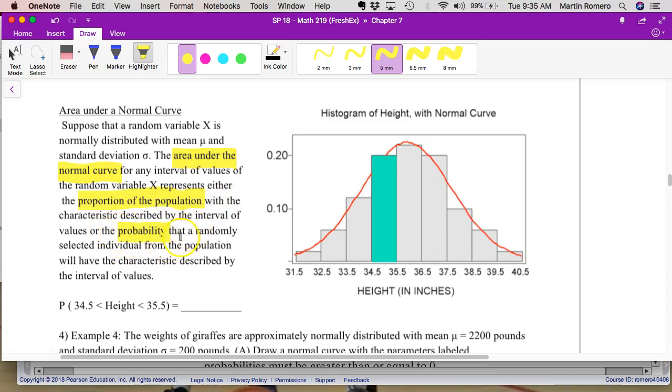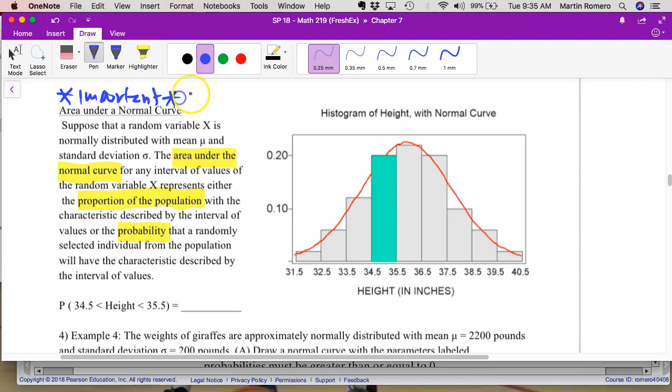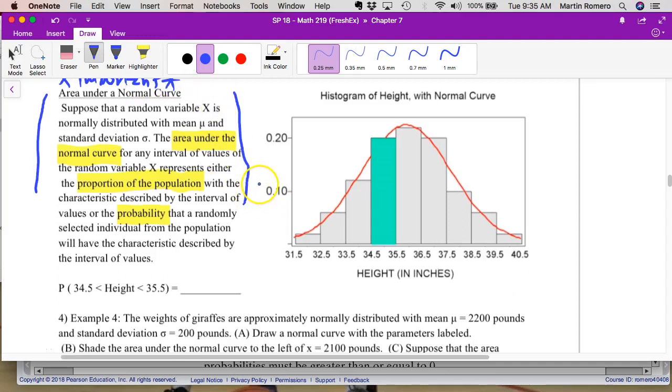This is such an important idea. I don't know how to highlight it anymore other than to say important. So I'll repeat that: you have to understand this idea. Think about what that means here.